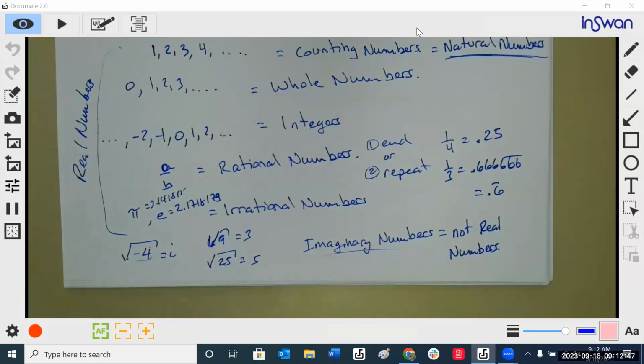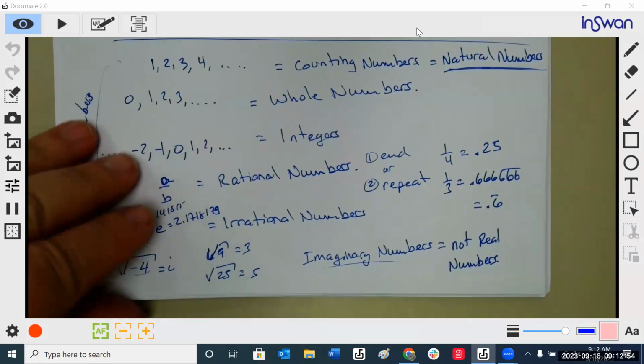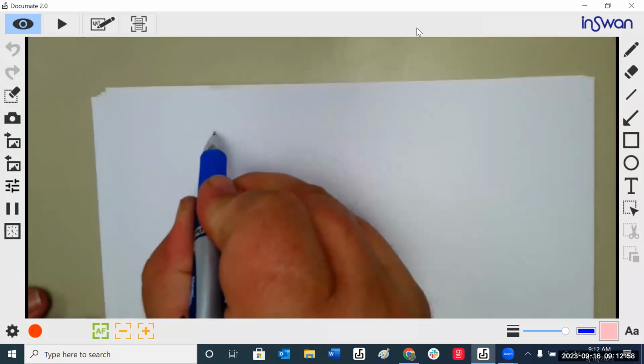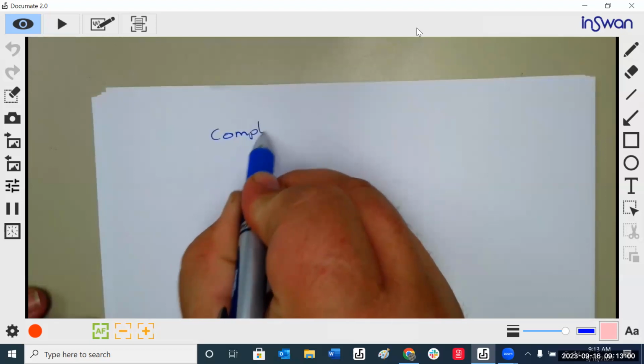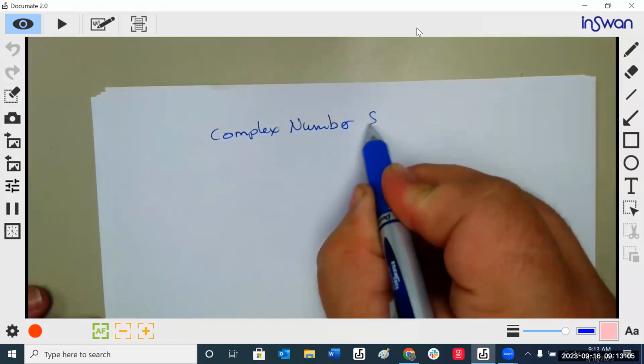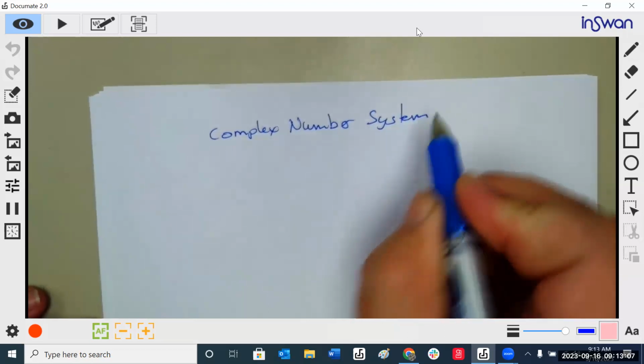Because those are the 2 types of number systems we have, we have to put them together. We put them together in something called the complex number system.